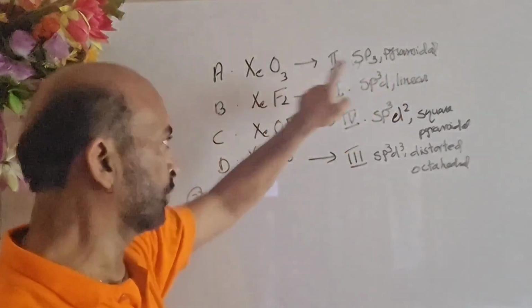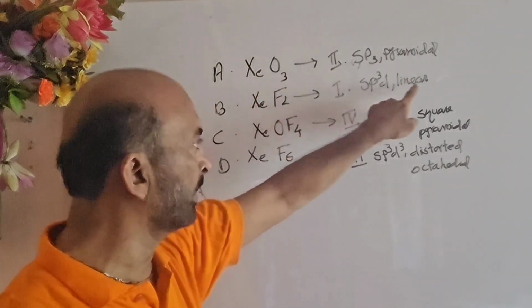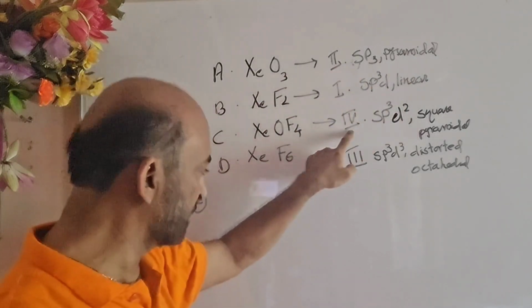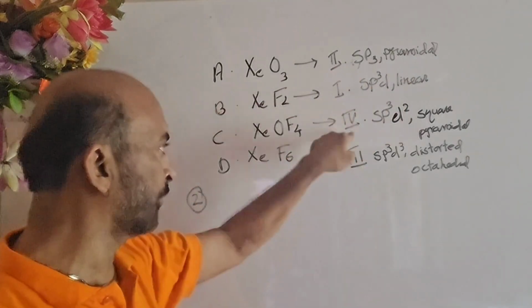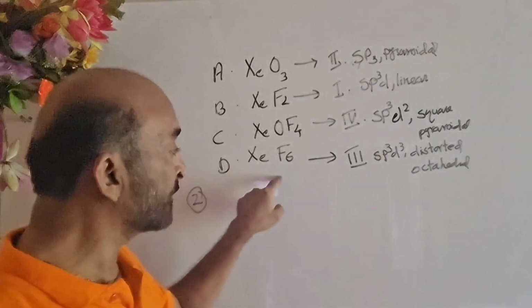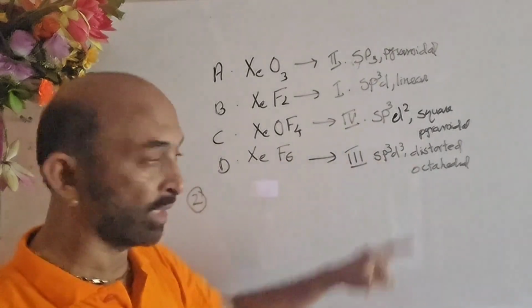Agreed. XeF2 to 1, sp3d linear. XeOF4 to 4, sp3d2 square pyramidal. XeF6 to 3, sp3d3 distorted octahedral.